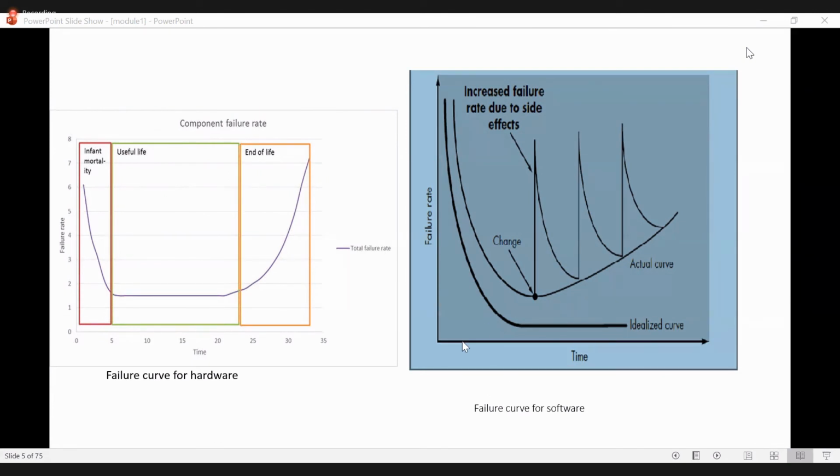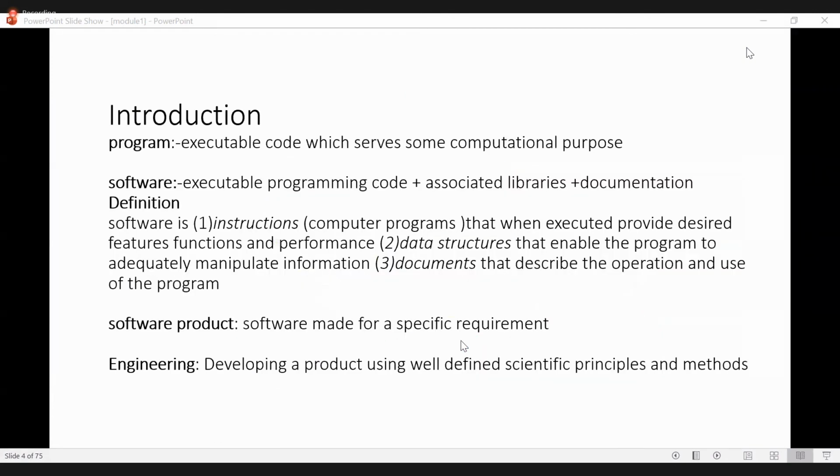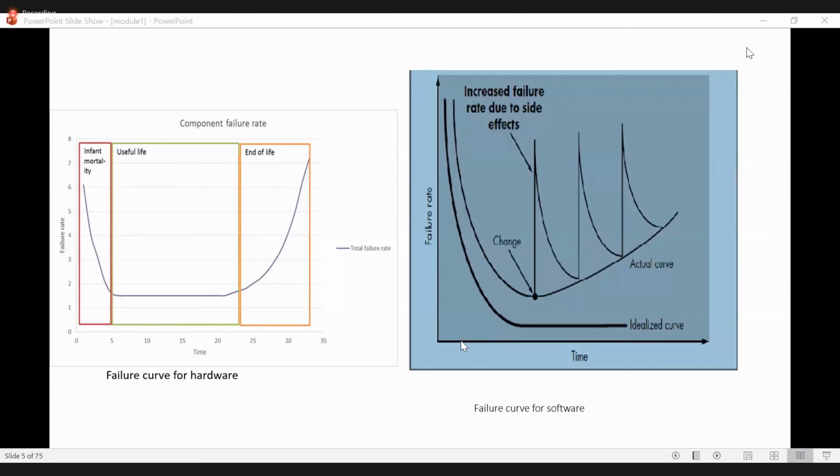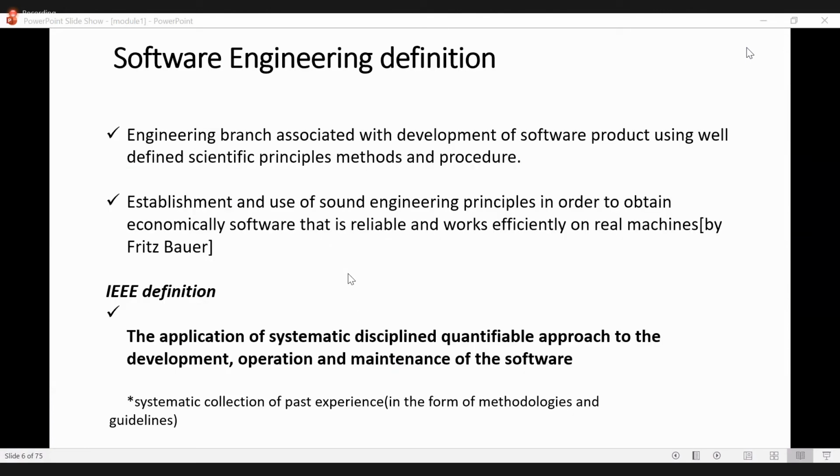Why are you going for scientific principles and methods? This is the software engineering branch associated with the development of software products using well-defined scientific principles, methods, and procedures. This is the simple definition we gave.